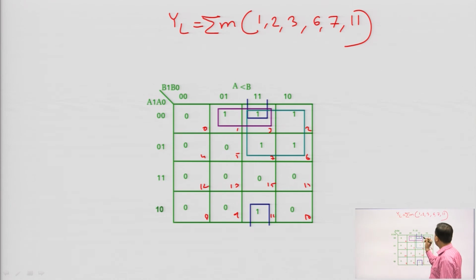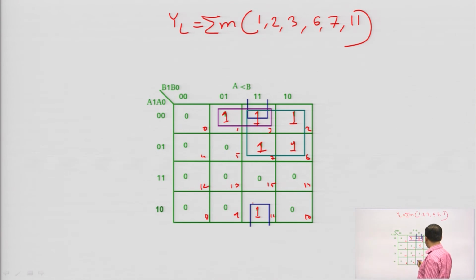Okay. So, now we are putting the 1. For 1 we have written 1, for 2 we have written 1, for 3 we have 1, for 6 we have 1, for 7 we have 1, for 11 we have 1. So, now the ones have been placed, now we will do the grouping.